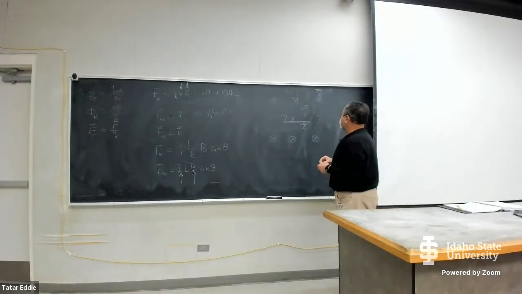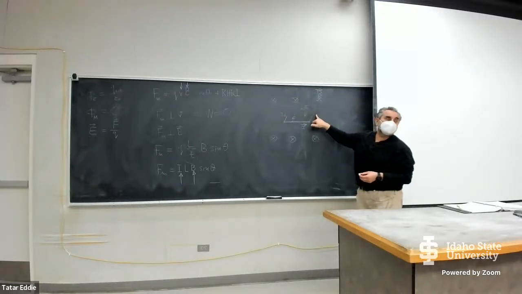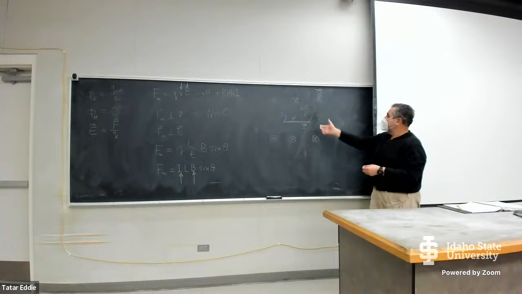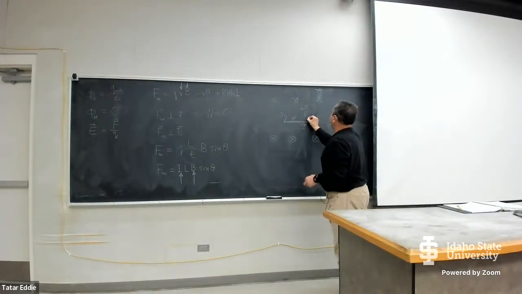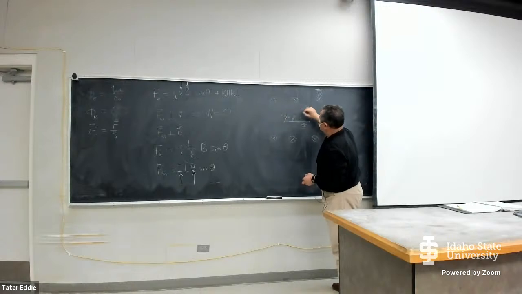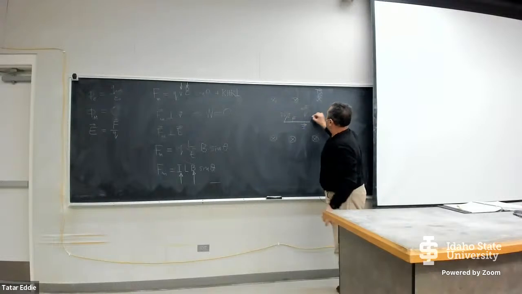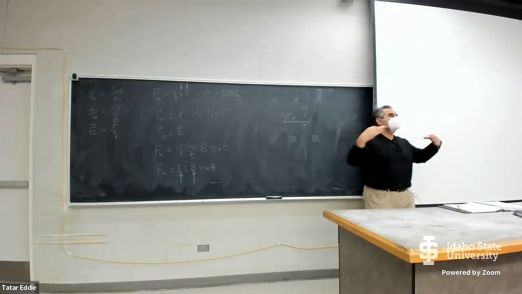Now, what would be the direction of the force that acts on this side here? Well, on this side you're going to have force this way, and on this side, you're going to have force this way. So the forces on these two sides are kind of trying to squeeze the frame.